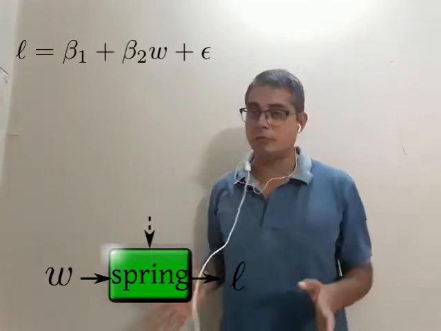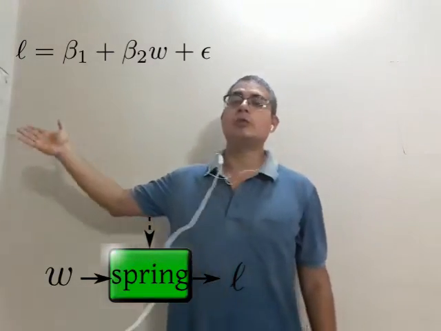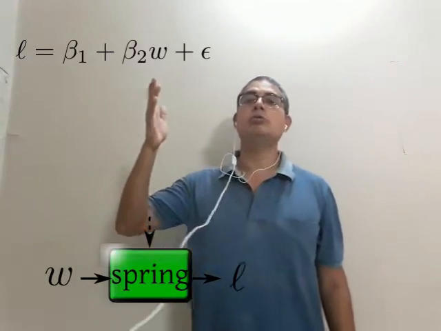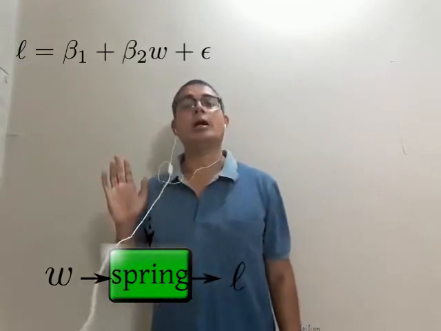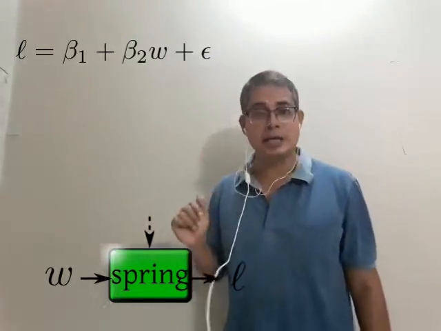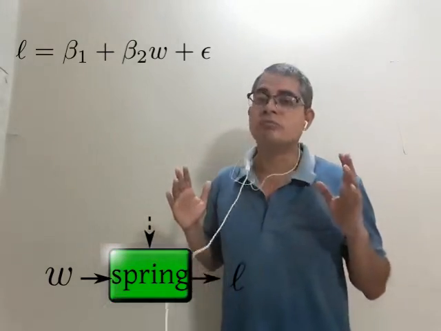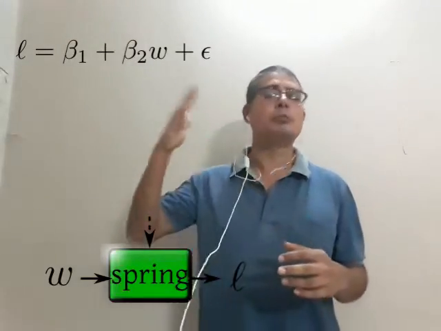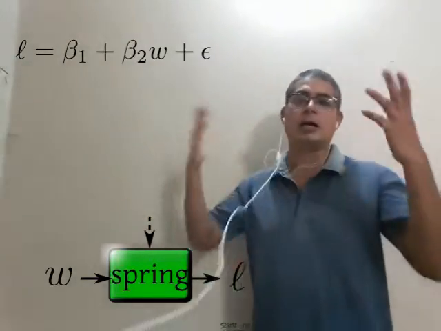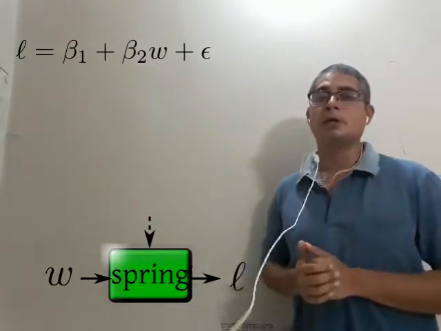That is one way of doing it. So it is L equal to beta 1 plus beta 2 times W plus epsilon. Beta 1, beta 2 are unknown. Epsilon is the error. In our first formulation, we do not put any assumption on epsilon. We are going to put some assumptions later. They are Gaussian or whatever.